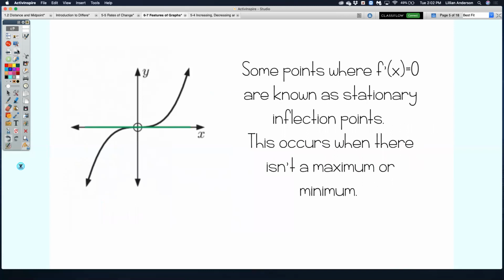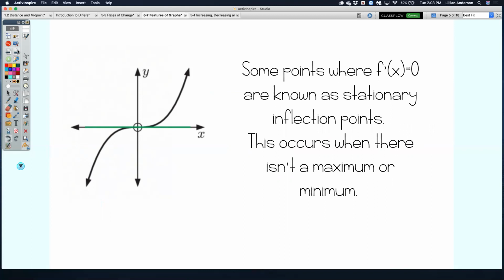Now, sometimes when you set the first derivative equal to 0, it doesn't have an actual defined maximum or actual defined minimum. In those cases, those are called stationary inflection points, okay? Inflection points. Again, this occurs when there's no maximum or minimum, but it's still where the first derivative is going to equal 0.